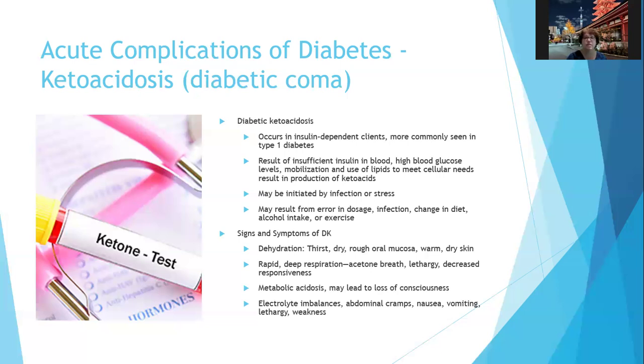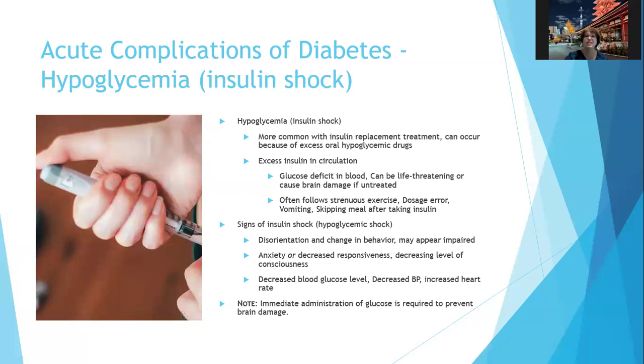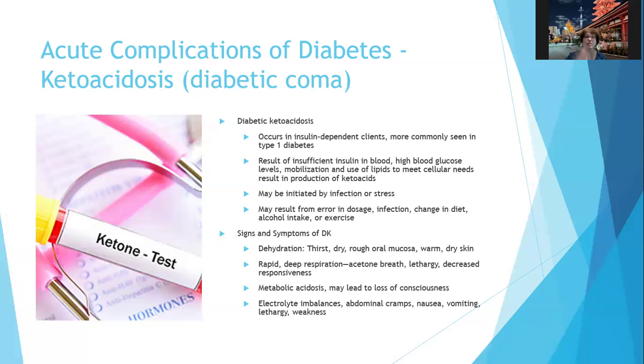So the signs and symptoms of diabetic ketoacidosis are thirst, dry, rough oral mucosa, and warm, dry skin. The person in insulin shock has pale, moist skin, and the person in diabetic ketoacidosis has warm, dry skin and that acetone breath.